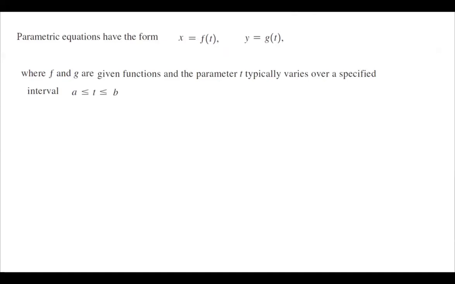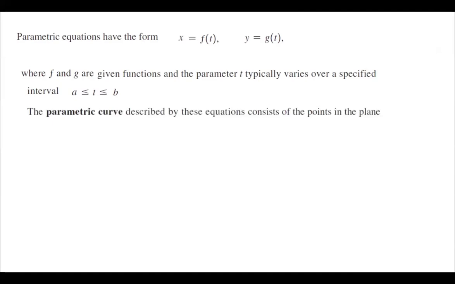t might be representing the angle. So for those of you who took trigonometry, you know that you're introducing a new parameter or a new variable like theta. That theta is a parameter, a new variable.